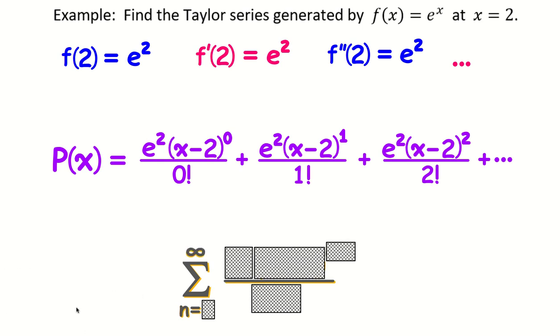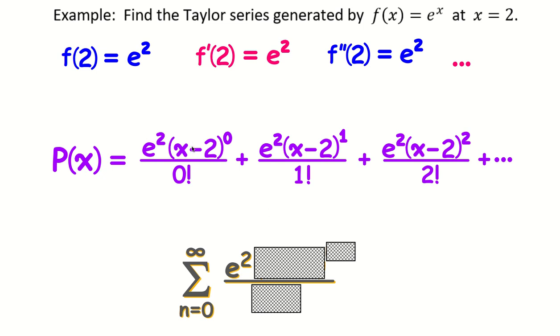Obviously, we're going to infinity, and we're just going to start off with 0 again. But every single term is going to have this exact same e to the second. That's actually a very nice thing, an easier type of problem, because every single term has just e to the second. So e to the second is just going to be in our sigma.